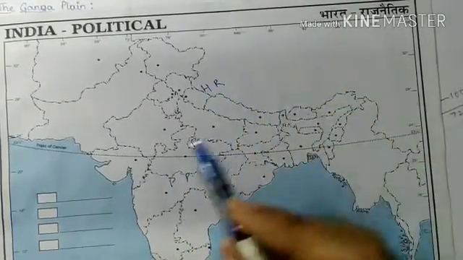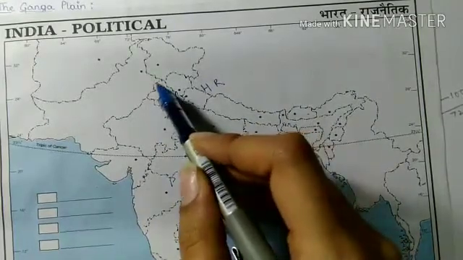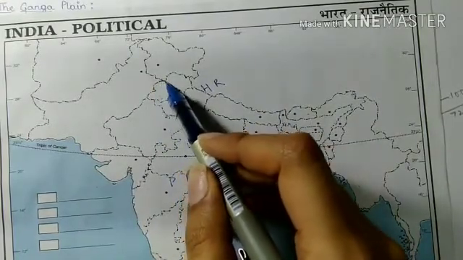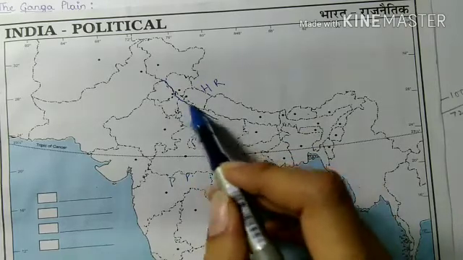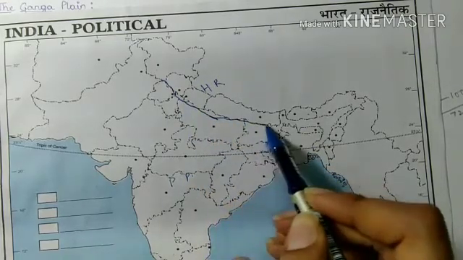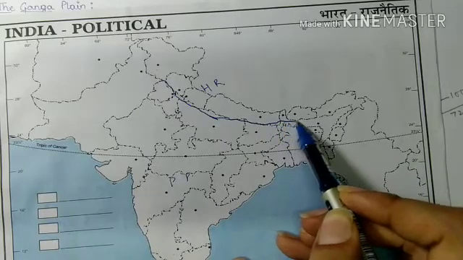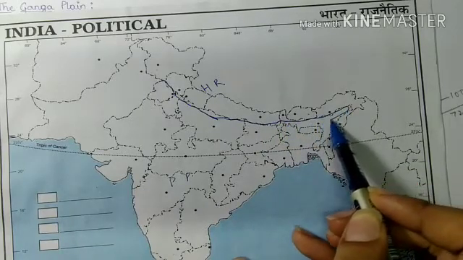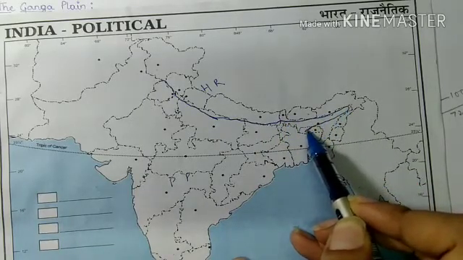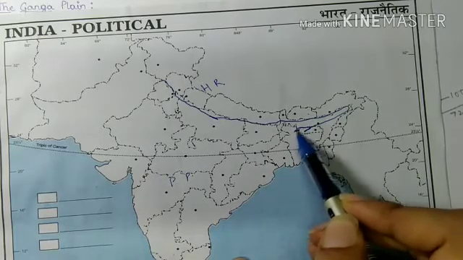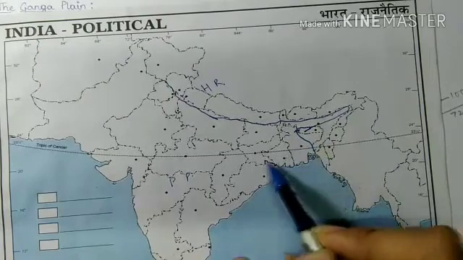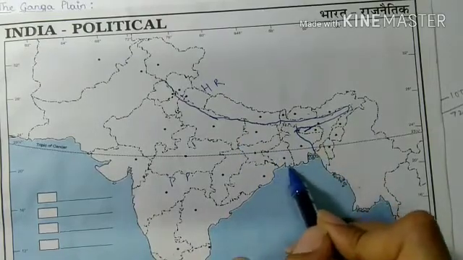So between them we have, starting from here and moving through these states, Nepal, then Assam, this is the North Ganga Plain, Lower Ganga Plain.